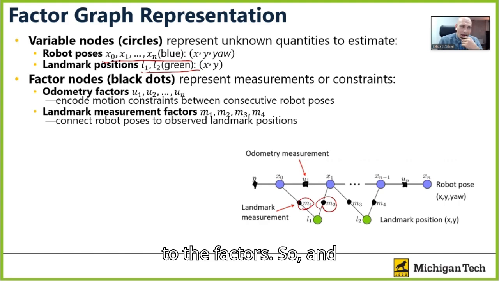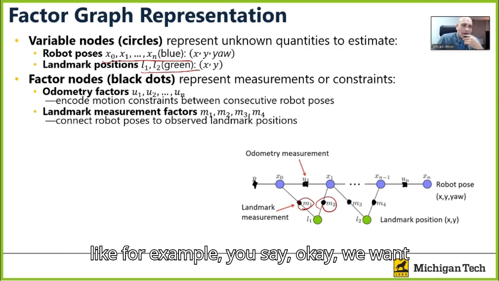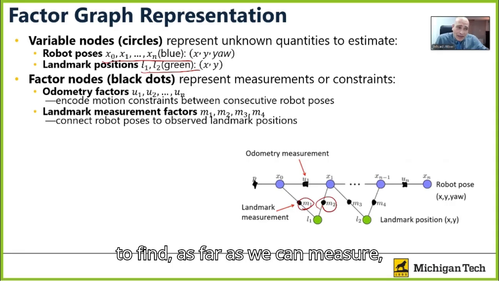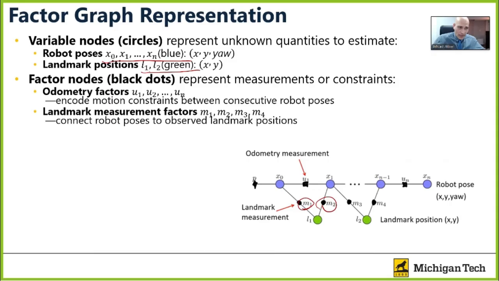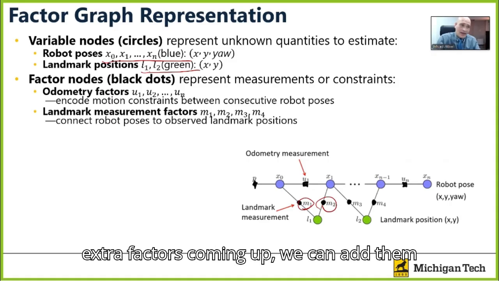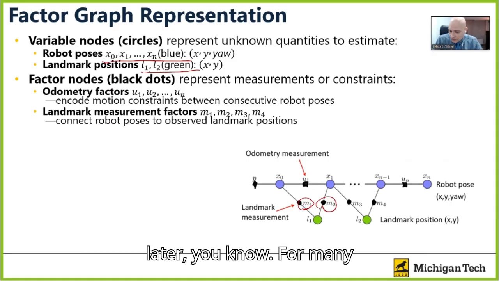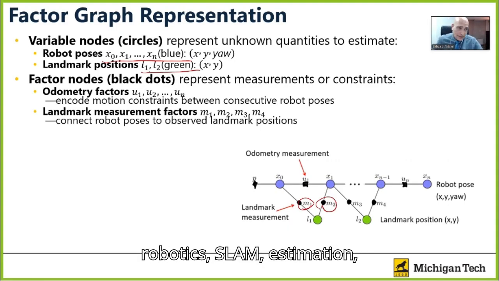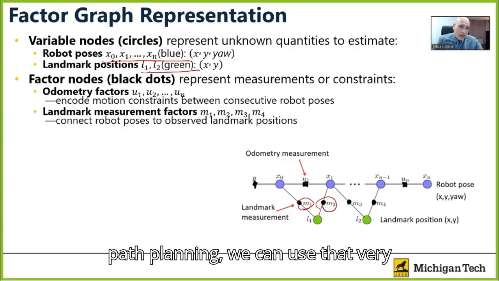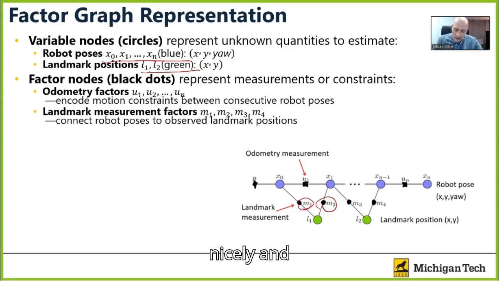So, for example, you say, okay, as far as we can measure some factors, that's enough. If we have extra factors coming up, we can add them later. For many applications, especially in robotics, SLAM, estimation, path planning, we can use that very nicely and give you actually an optimal solution.